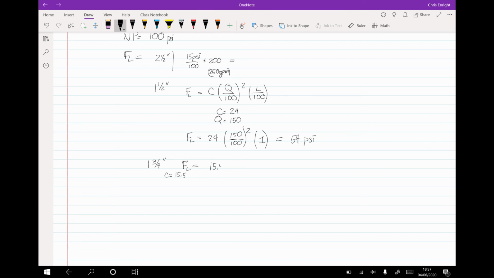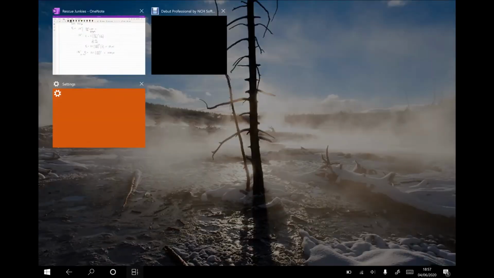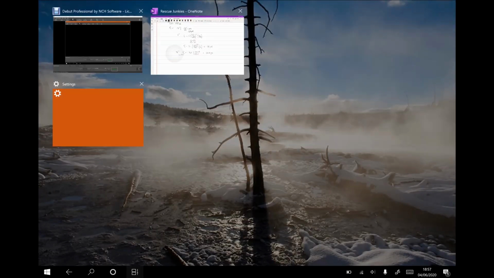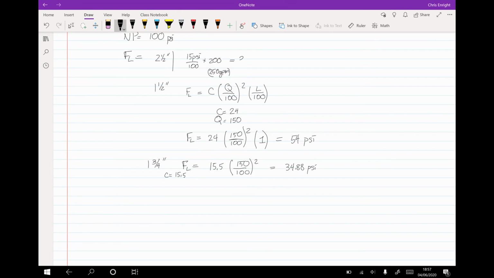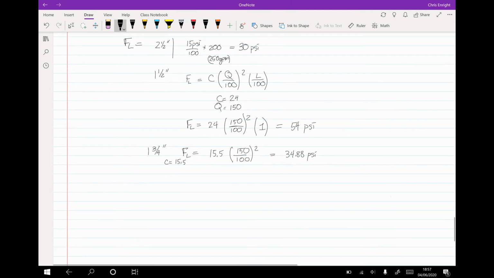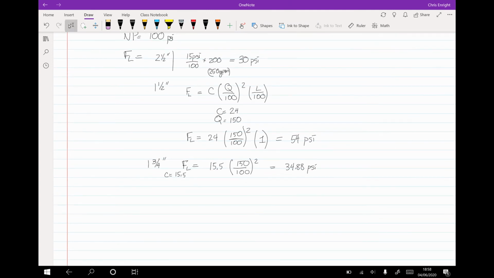So 15.5 times (150 over 100) squared, that's only going to be 34.88 psi. So we look at that, total is this 15 over 100 times 200. Hold on while I do the math. I forgot to work that out in advance. All right, so that is 30 psi. Okay, so we'll look at the total there.